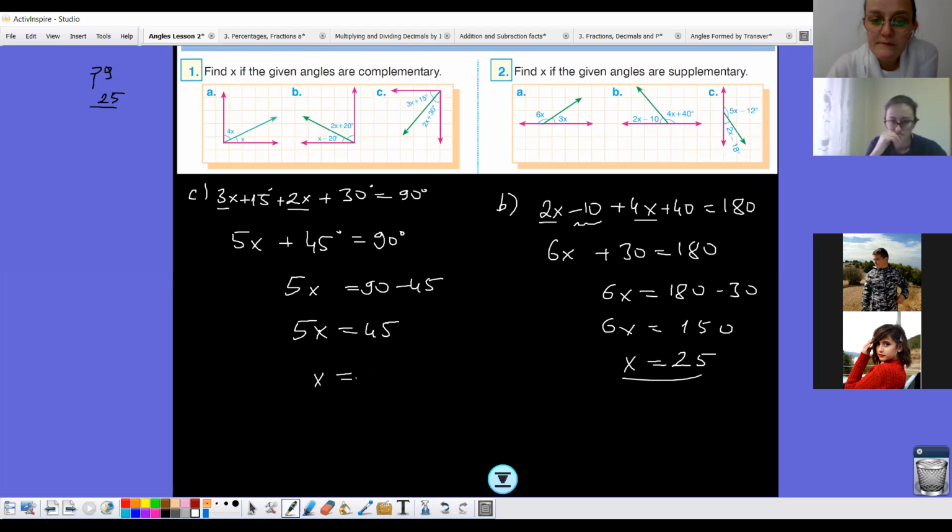Then x is equal to 45 divided by 5, which is 9. So x is equal to 9 degrees. As you see, if it says complementary or supplementary, you will equalize to 90 or 180.